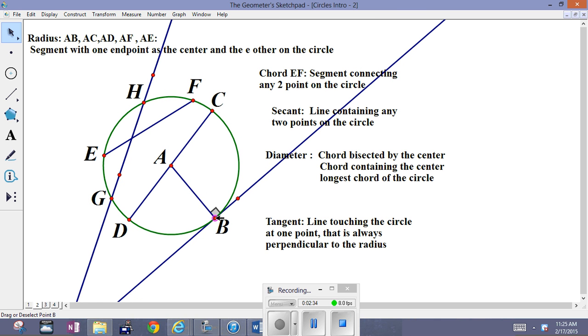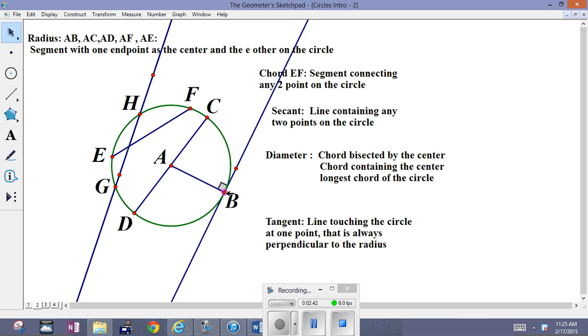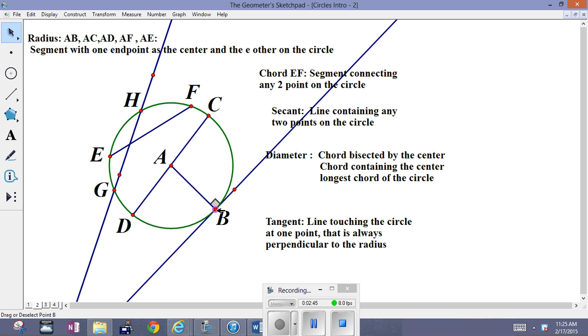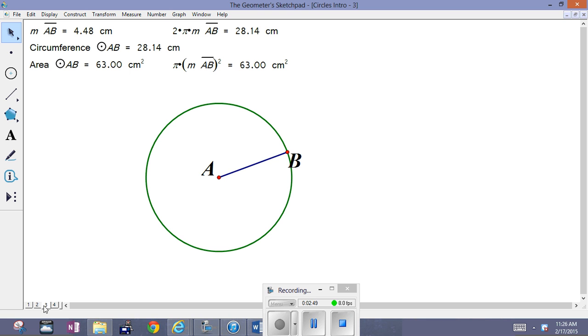A very intriguing concept is that a tangent and a radius will always meet at right angles. It's an important concept to bear in mind. What else do we have about circles? We should know simple formulas like circumference.